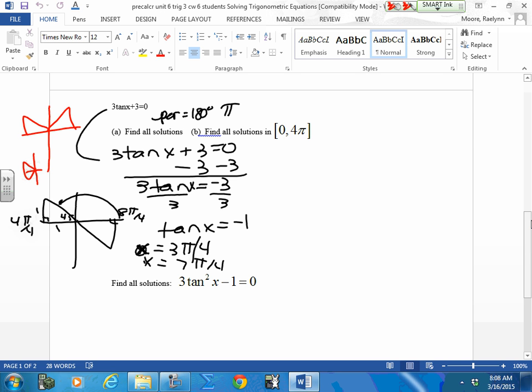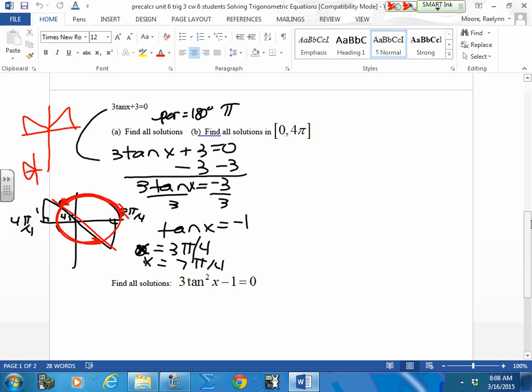Negative, negative, positive, positive. So if I use my coterminal angles, and instead of going every 2 pi, if I go here, I'm only 180 degrees away from here. Right? So if I just take the first one, and I keep going every 180 degrees, will I hit an angle? 180 degrees, 180 degrees, 180 degrees. See it?